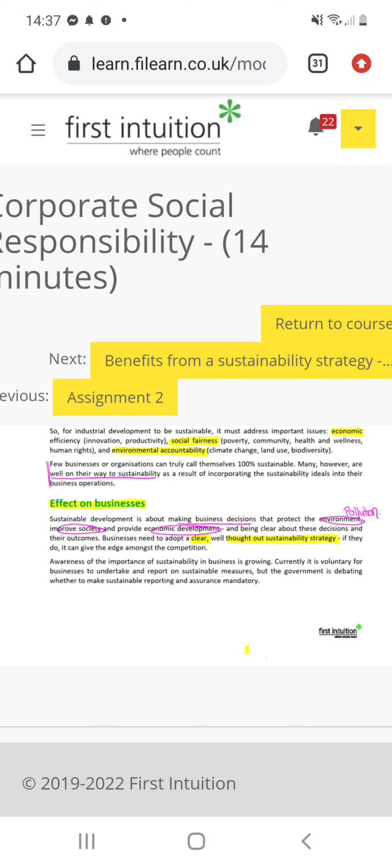It's currently voluntary for businesses to undertake and report on sustainability measures, but the government is debating whether to make sustainable reporting and assurance mandatory. And there's a chance this will happen in the future. So lots of organisations are adopting CSR policies now to anticipate legislation, to be prepared for the future.